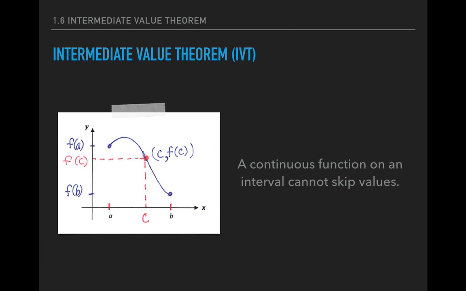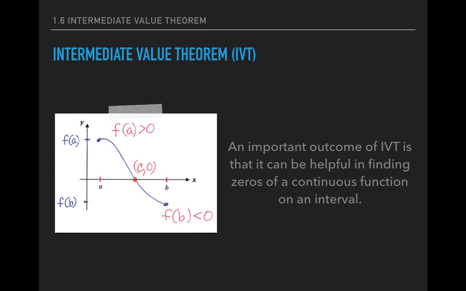Here's kind of a pictorial representation. C is in between the interval A and B. And because your graph is continuous, you're able to find an output that is between your function at A and your function at B. It is f of C. That would be your K value.